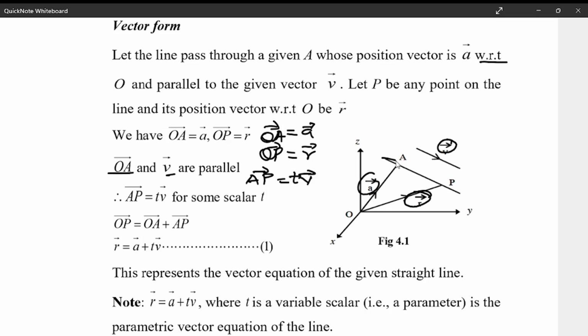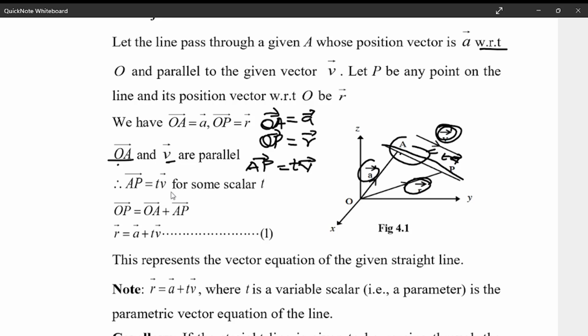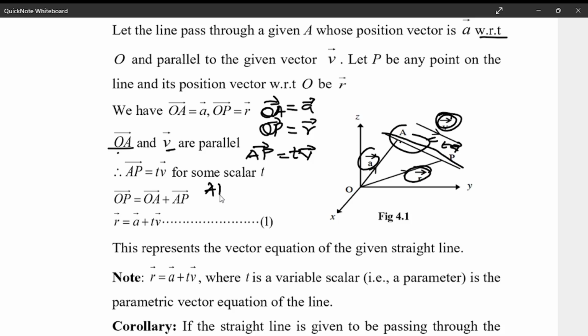So this line that we see here, we are saying that this is equal to a certain number times the vector. Of course, we are talking about a certain number or a scalar that multiplies the vector to give us this. So AP is equal to a certain scalar times the vector V. But we know that AP is also equal to OP minus OA.